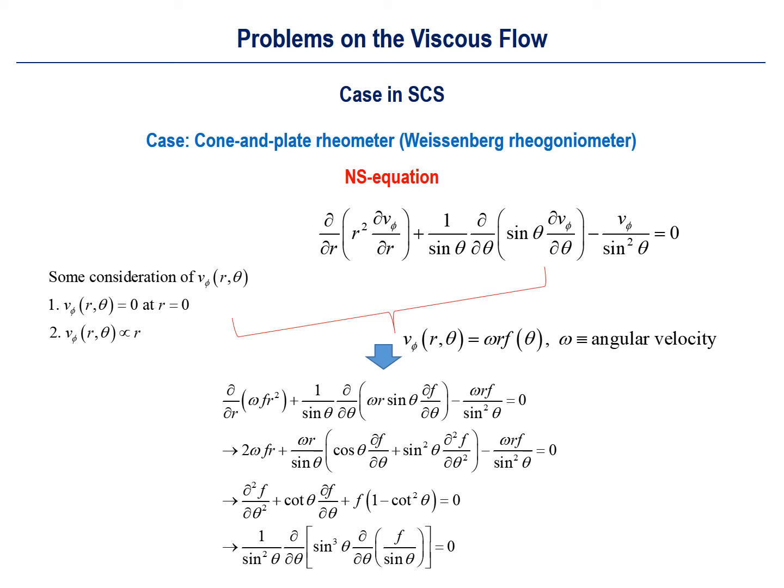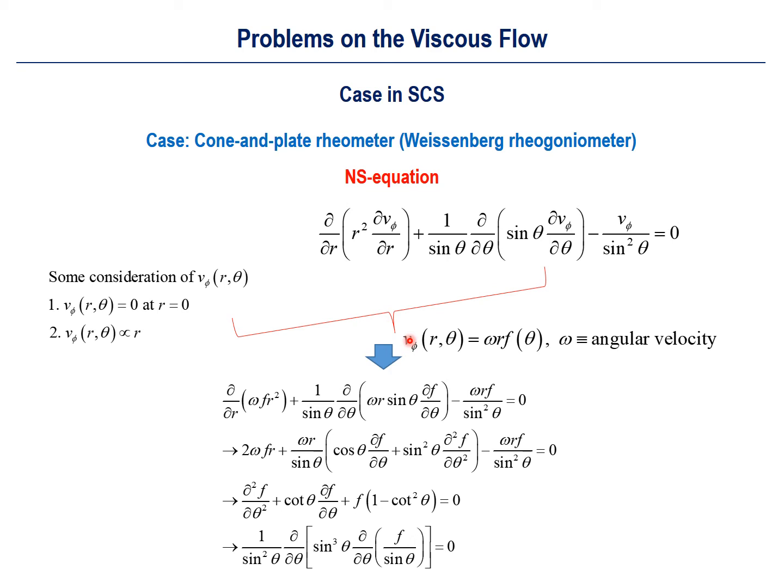Therefore, we can postulate that v phi can be written as omega multiplied by r multiplied by some specific function depending on theta here. This omega is called the angular velocity, and it works as a proportional coefficient for this function for the v phi.